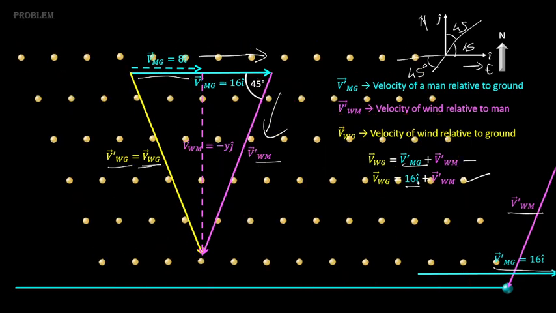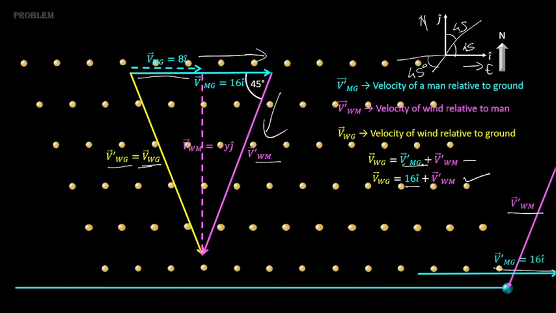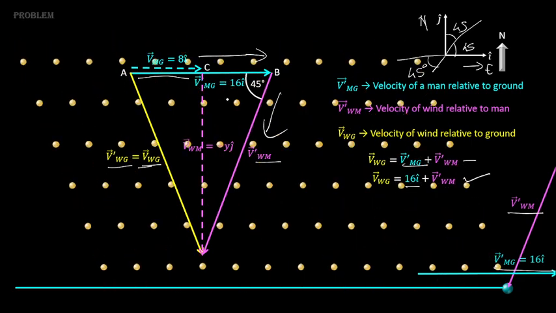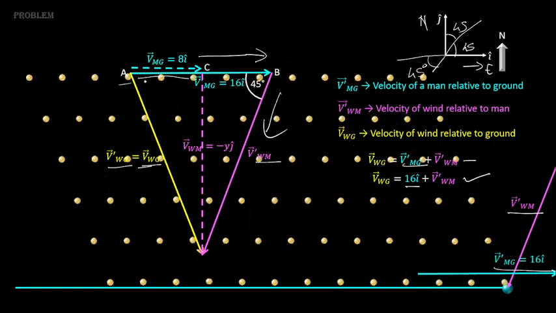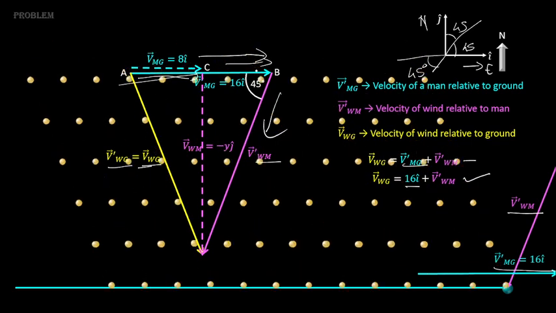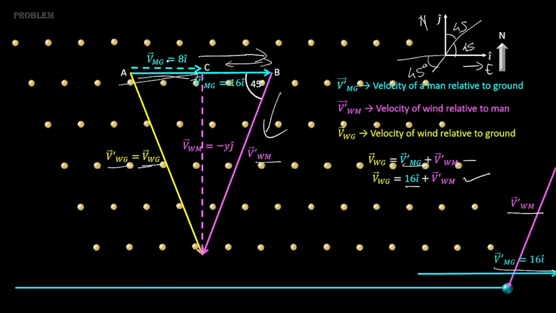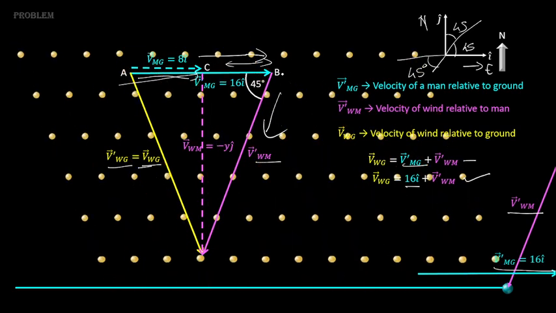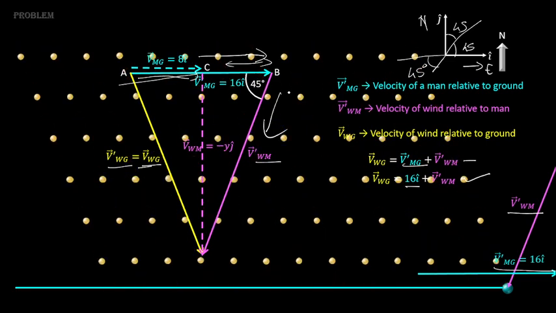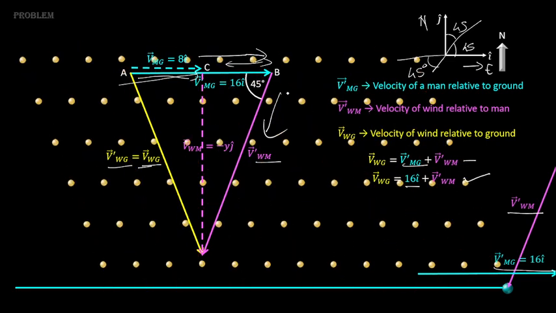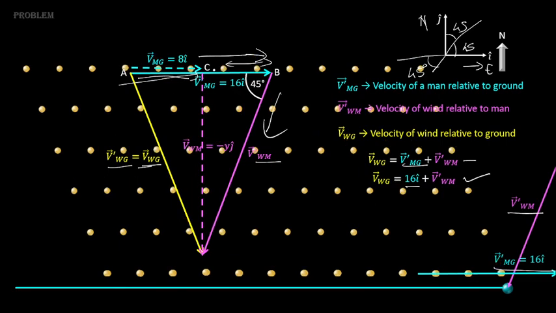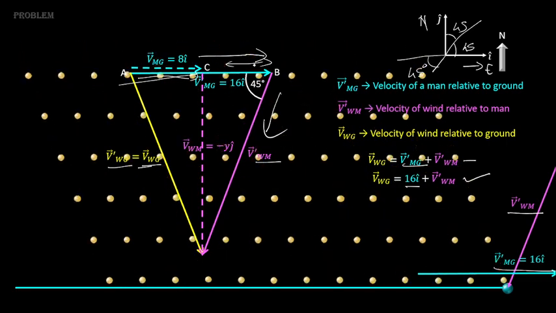Man's velocity is now 16 i cap. Now distance AC and CB are equal because AC represents previous velocity and AB represents the velocity at the present moment, which is double. So AC is 8 km per hour, so BC is also 8 km per hour, meaning the magnitude of BC is the same.